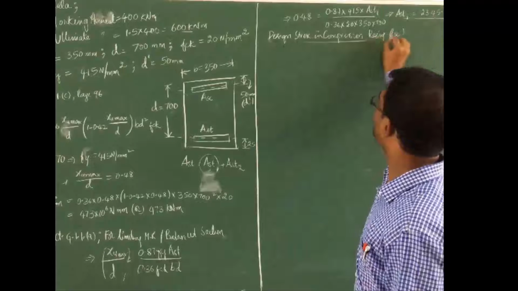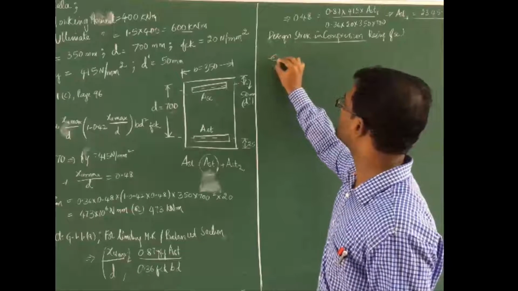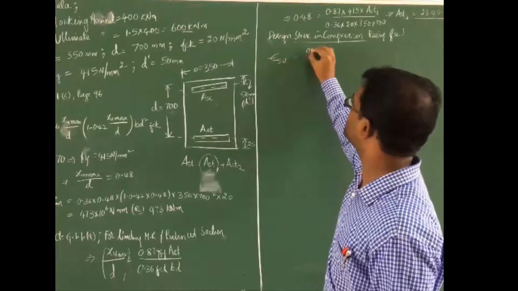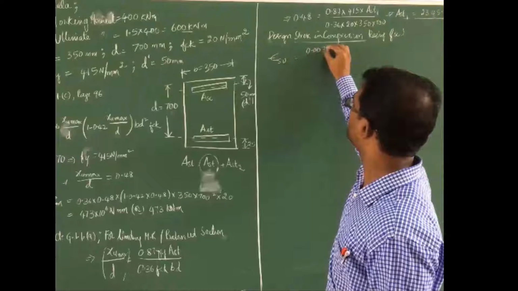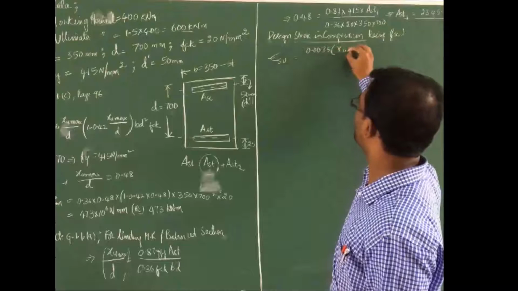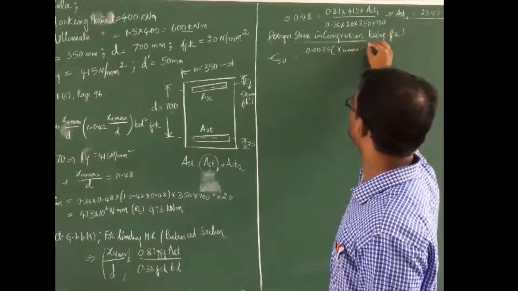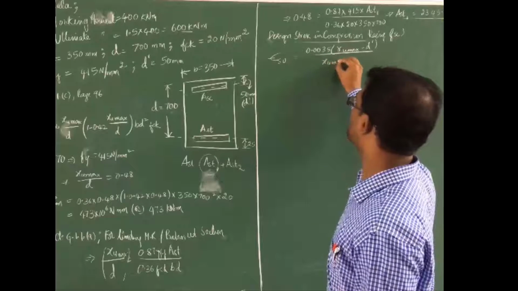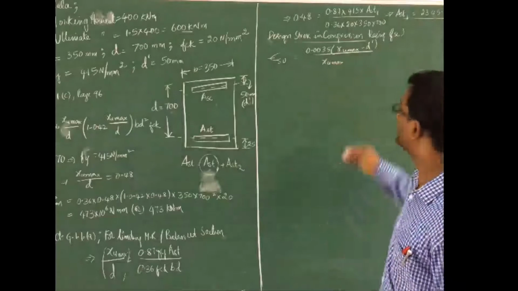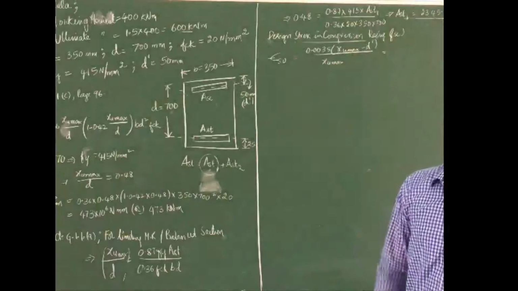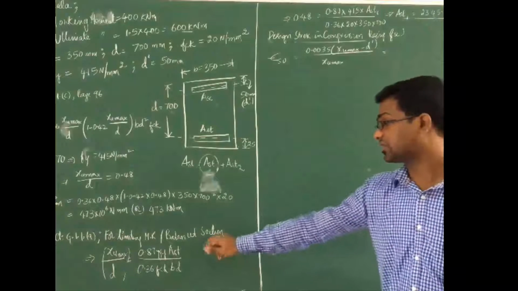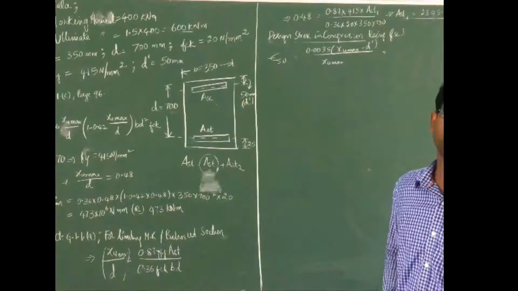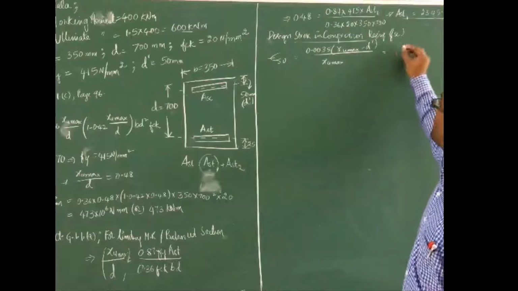In order to calculate FSC, it depends upon the ultimate strain in steel, which is given by 0.0035 times XU max minus D dash, divided by XU max. There it is given as XU, but because we are designing the beam as a balanced section, XU is replaced by XU max.